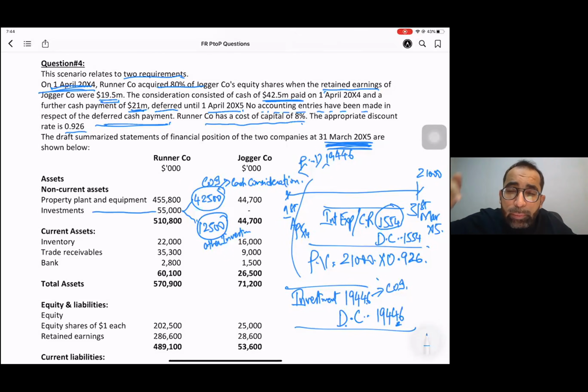So when P company books this interest expense, P company's profits will go down, and when P company's profit goes down, P company's retained earnings and consolidated reserve will go down. Okay, so don't forget this. Just giving you 30 seconds, take your time.